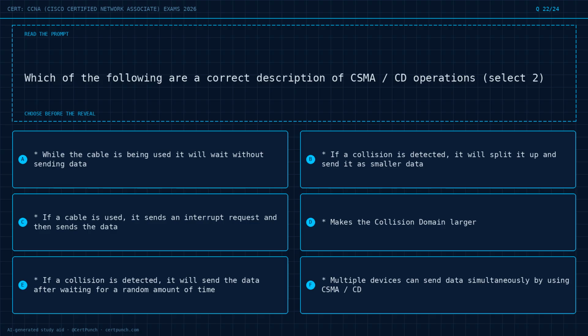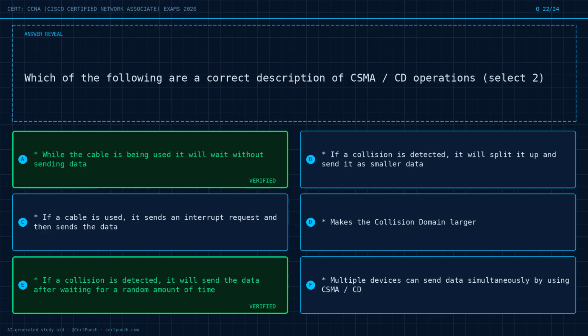Option C, if a cable is used, it sends an interrupt request and then sends the data. Option D, makes the collision domain larger. Option E, if a collision is detected, it will send the data after waiting for a random amount of time. Option F, multiple devices can send data simultaneously by using CSMA/CD. Lock in your pick before the reveal. Trust the read.